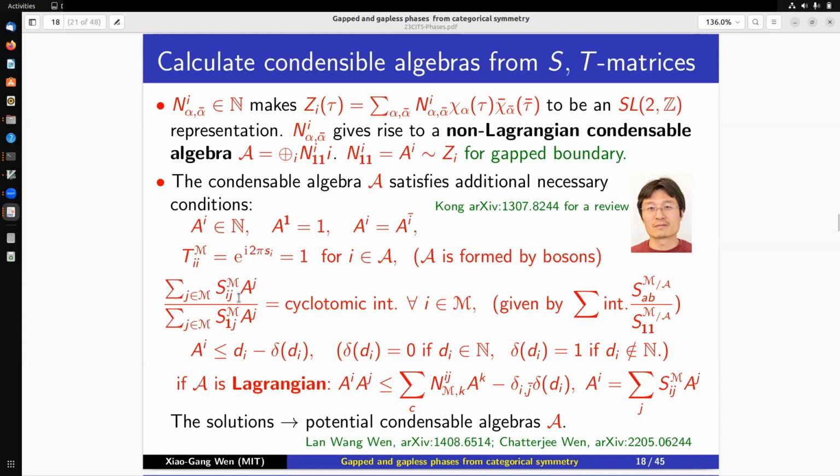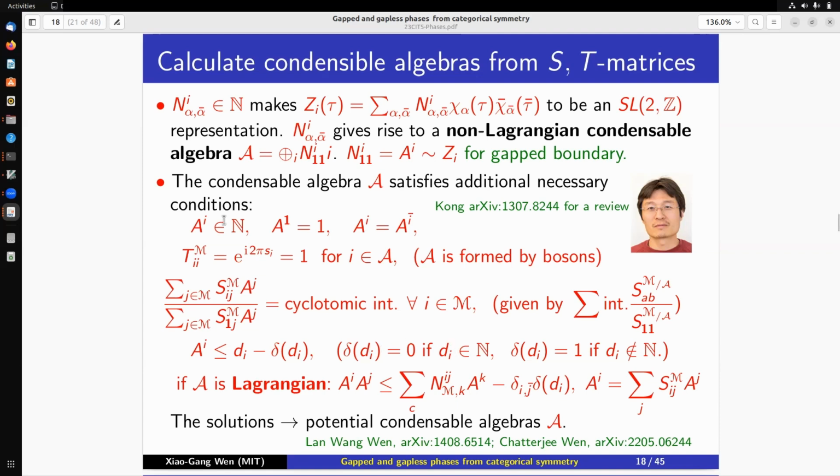But there are some more weird conditions that come with the S matrix. You know, this A_i times the S matrix and then some ratio gives rise to a so-called cyclotomic integer. So there are some weird conditions. But those conditions usually come from category theory. And so here I just translate those category theory conditions into simple mathematical statements. Okay.